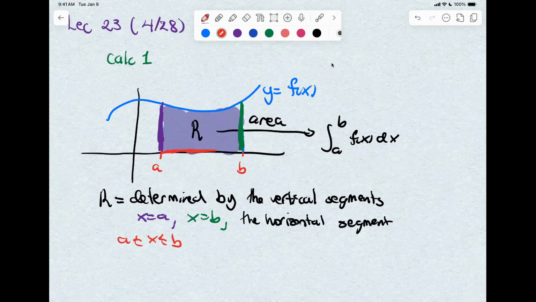So that's this piece. And the more interesting one, which is the actual graph of the function.